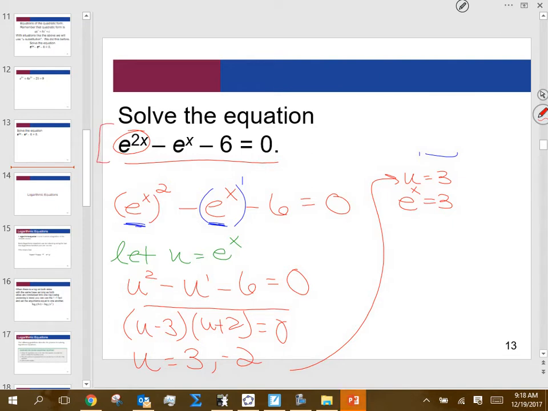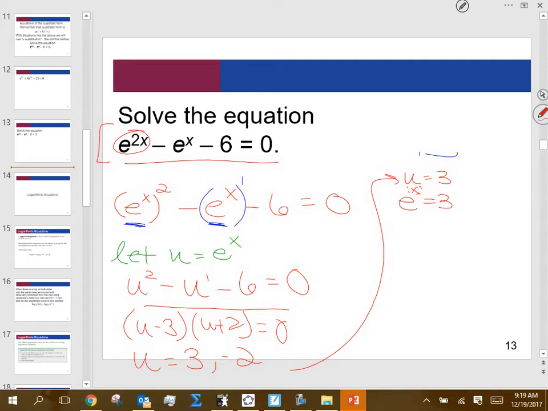The reason we like that one a little bit better is because there's only one exponential component on the left-hand side, right? And to get that variable exponent out of the exponent location, what do I need to use? I use a logarithm.